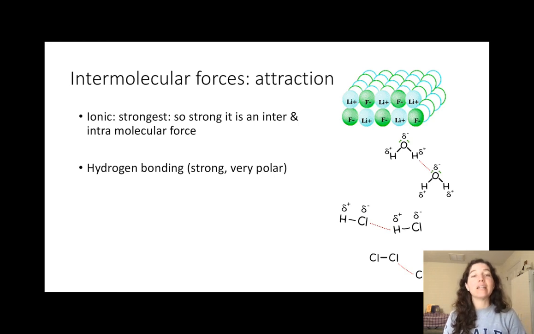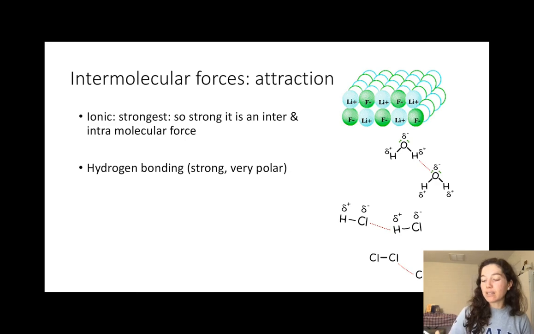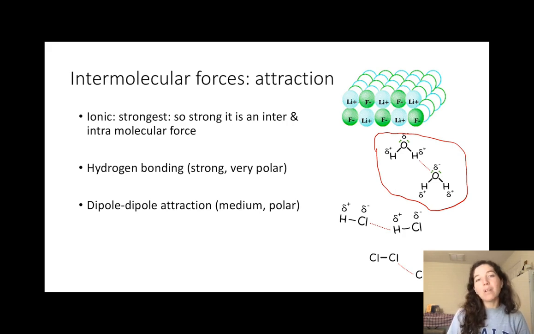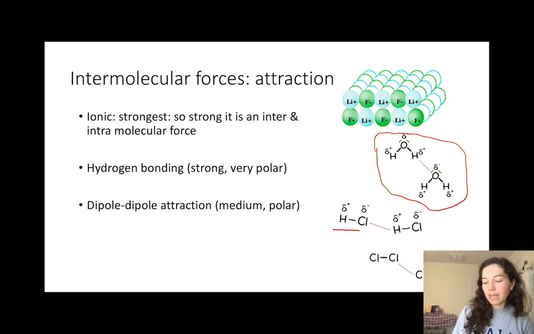Hydrogen bonding is our next most strong intermolecular force because it's very polar. A good example of hydrogen bonding is in our water molecules. Dipole-dipole is the next type of intermolecular forces that we talk about. And it is a medium strength.